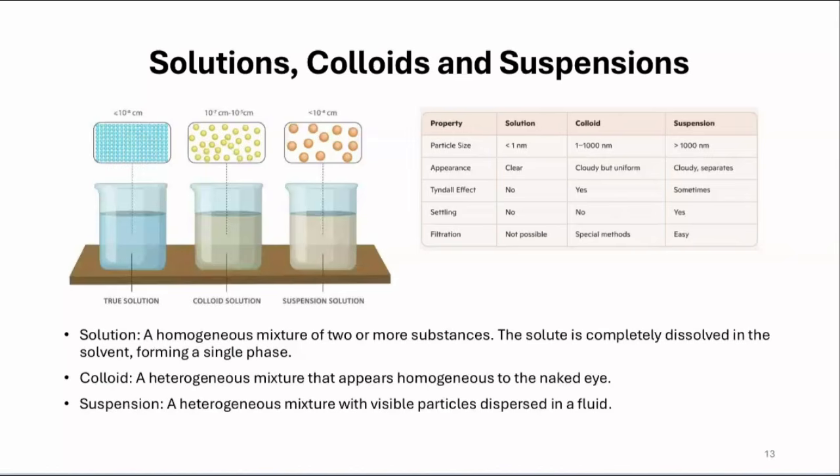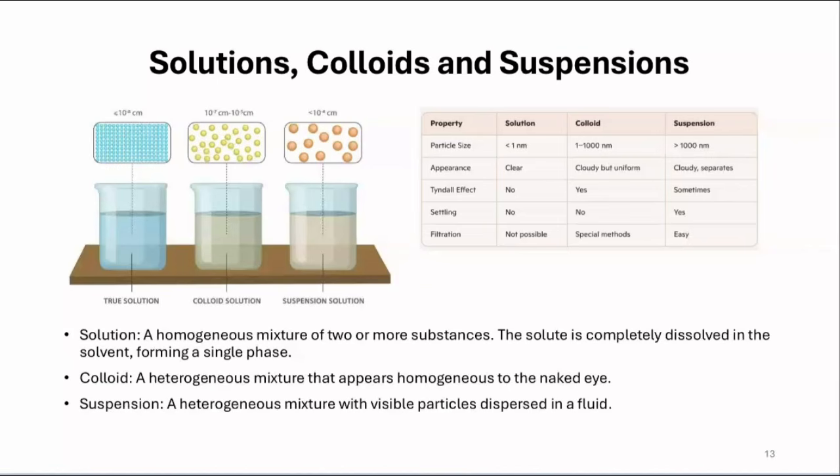A suspension is a heterogeneous mixture with visible particles that are dispersed within a fluid. A suspension is going to have the largest particle size out of the three types of mixtures. The particle size is specifically larger than 1,000 nanometers. Most suspensions appear to be cloudy and they separate.